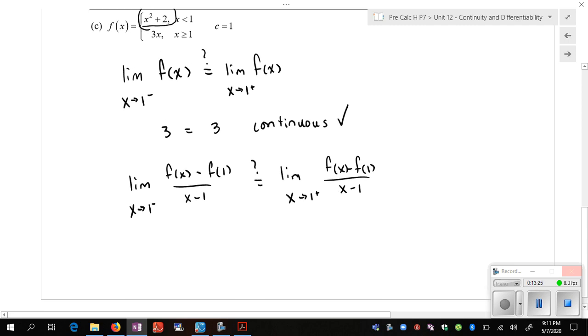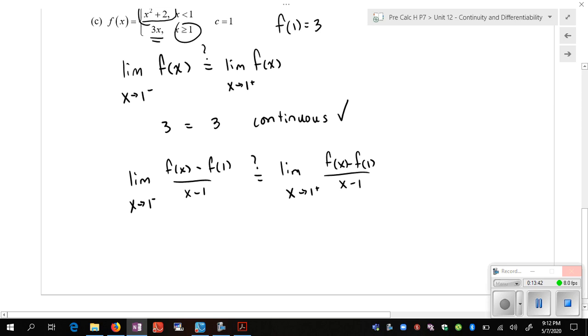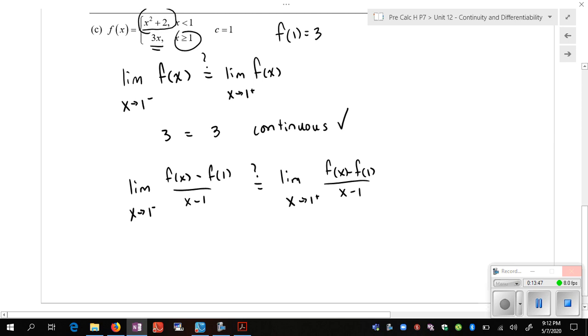And it's important to recognize that f of 1 is 3, because I'm plugging in to that piece. When I do the limit as x goes to 1 from the left, it's x squared plus 2 minus 3, so it's x squared minus 1.